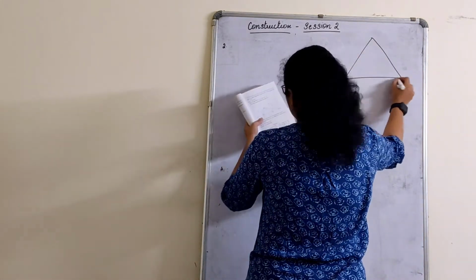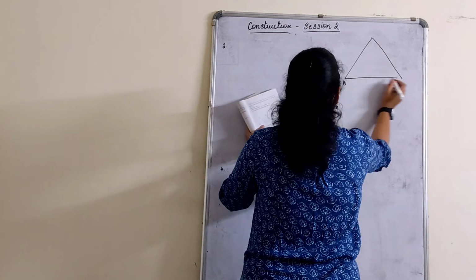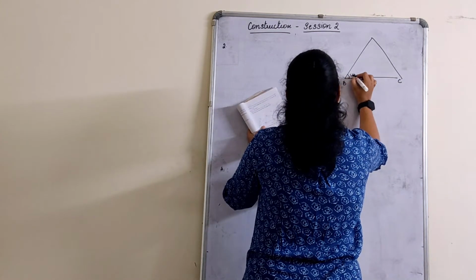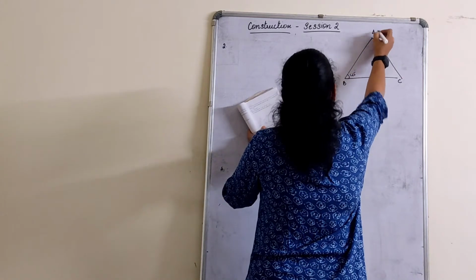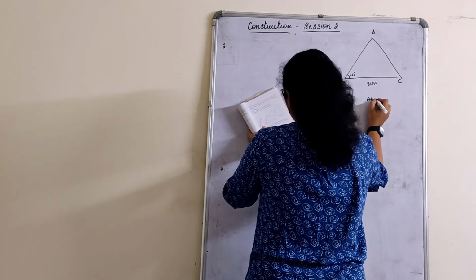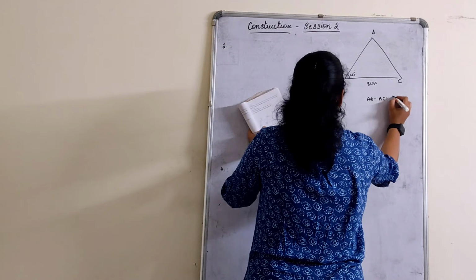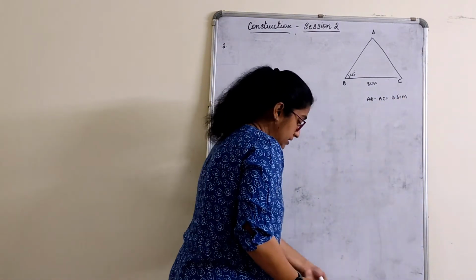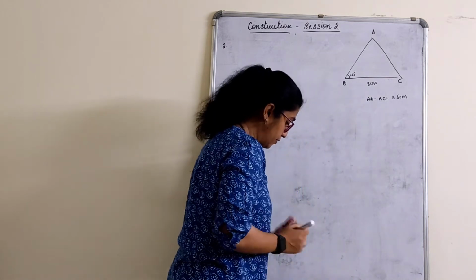In triangle ABC, let me again consider BC as 8 centimeter, angle B as 45 degree, then AB minus AC is equal to 3.5 centimeter. Okay, same type again.